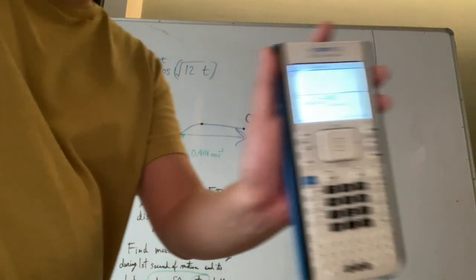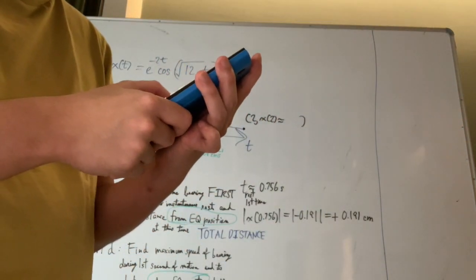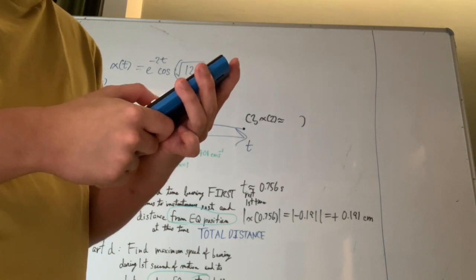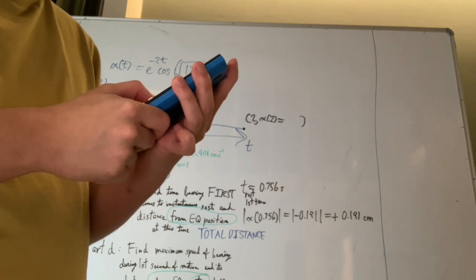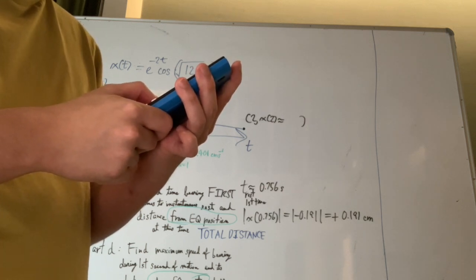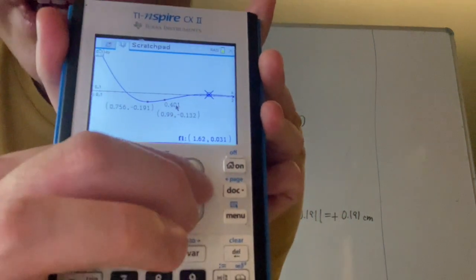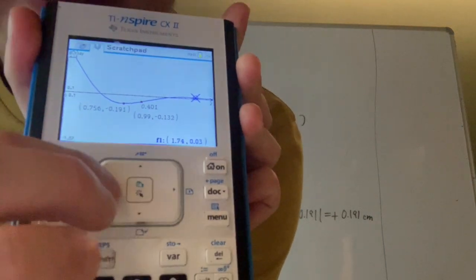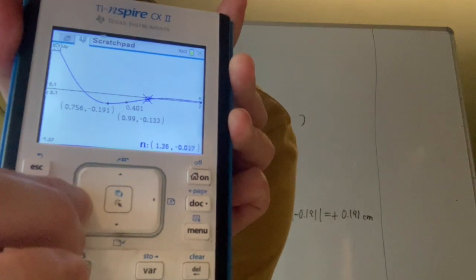Why is it not letting me change the graph trace here? Oh, okay, here we are. So for the trace on the TI-84, you just have to do trace, and then it gives you the entire interval, and then you just press the left and the right button along this blue exclamation point to see what values you get.